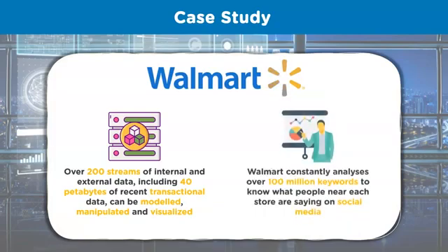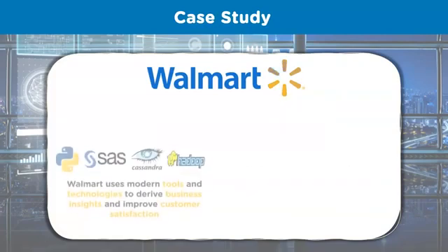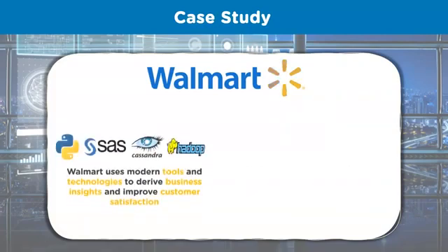Walmart also constantly analyzes over 100 million keywords to know what people near each store are saying on social media to understand customer behavior on what they like and dislike. Walmart uses modern tools and technologies to derive business insights and improve customer satisfaction. Some of these tools include Python, SAS, NoSQL databases such as Cassandra, and Hadoop.